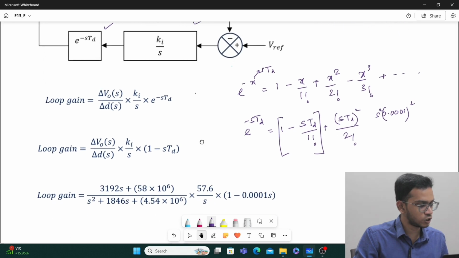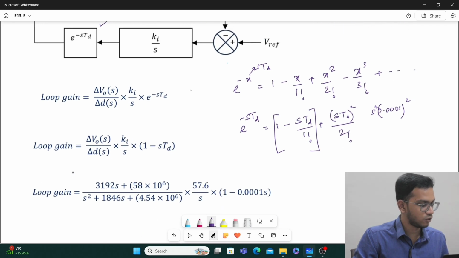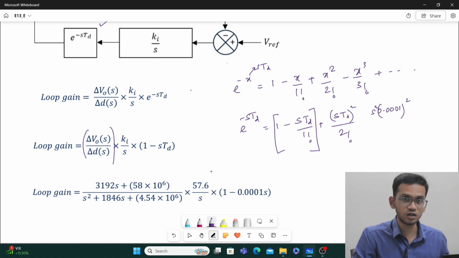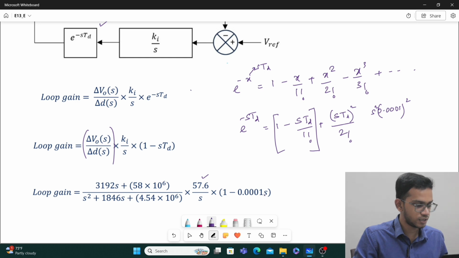So when I'm substituting all the values, my loop gain will be this transfer function, which is del v naught of s by del d of s, the transfer function written here, multiplied by k by s, whatever k you have already got in the second video, by the procedure of the second video by auto tuning. That value is multiplied by 1 minus s into TD.